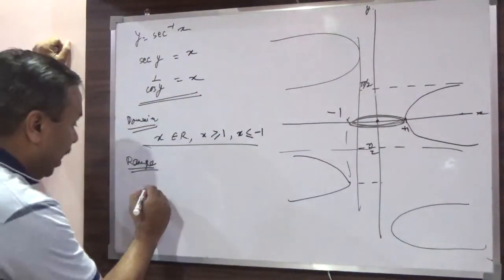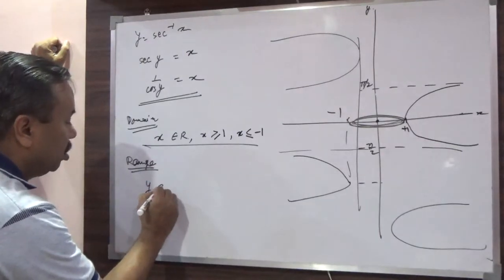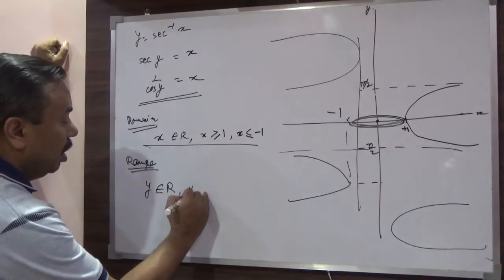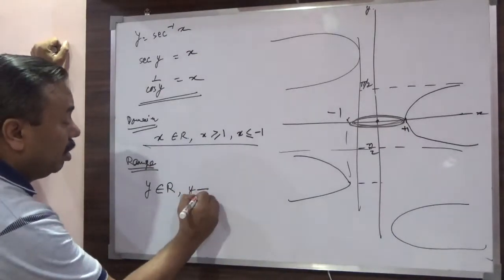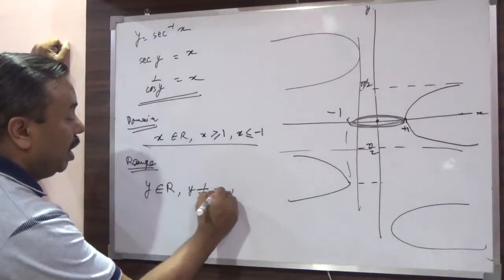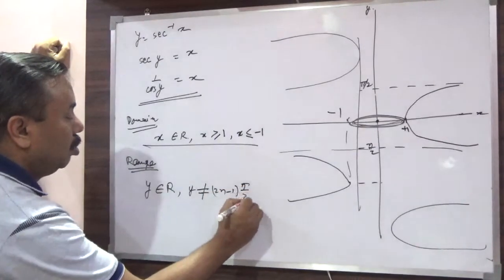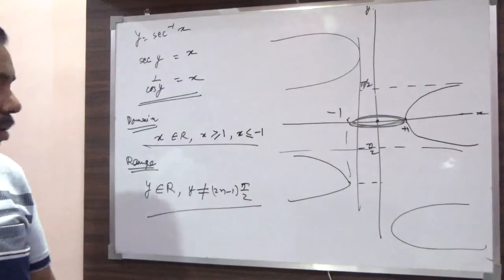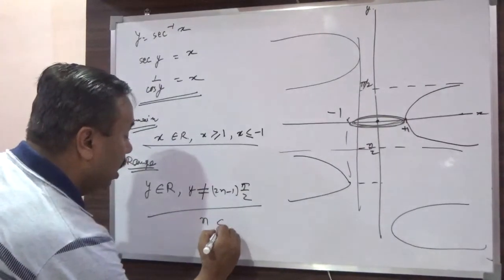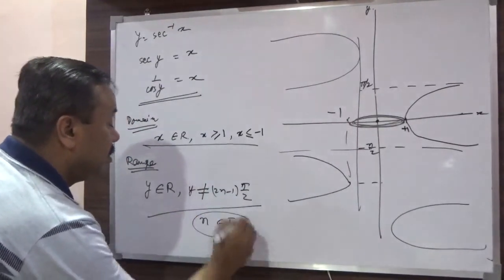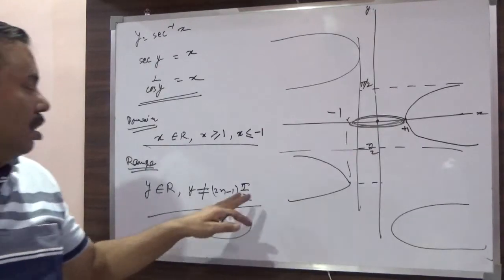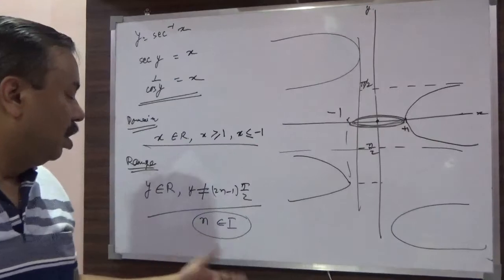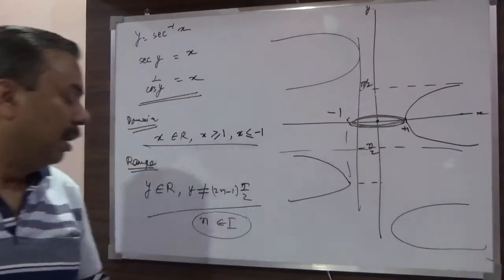So once again, this y will also belong to set of all real numbers subject to the condition that y is not equal to 2n minus 1 into pi by 2, where n is an integer. So this will not be coming in this range.